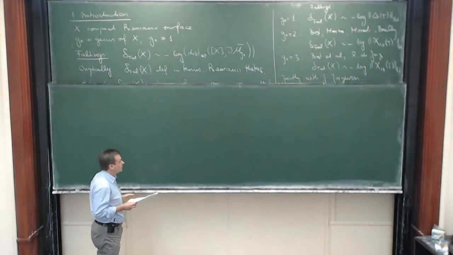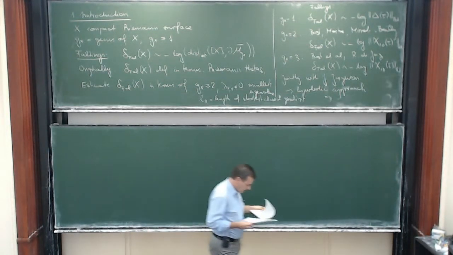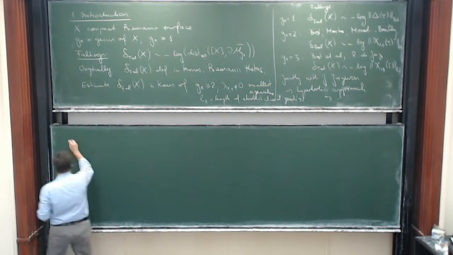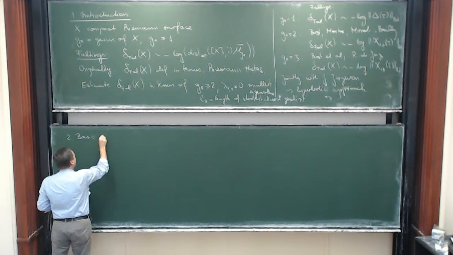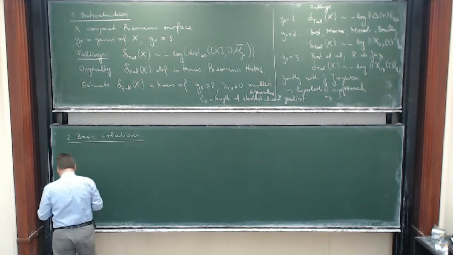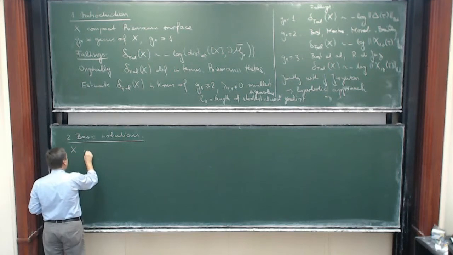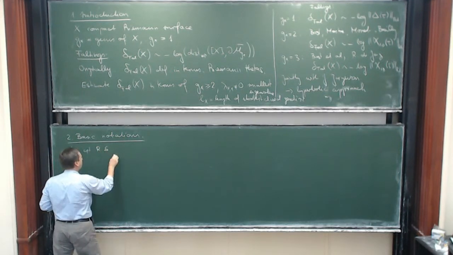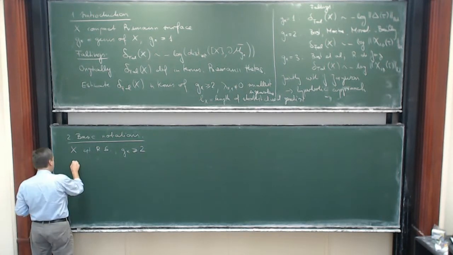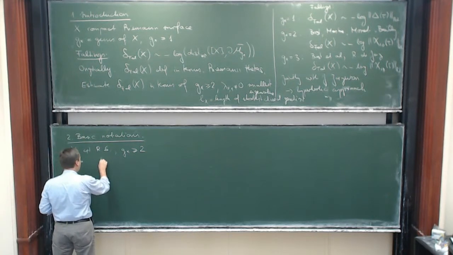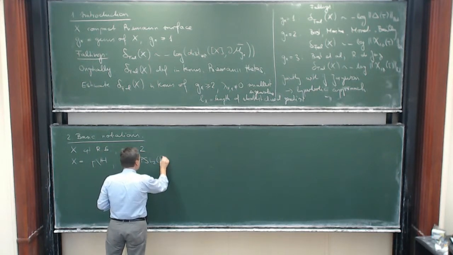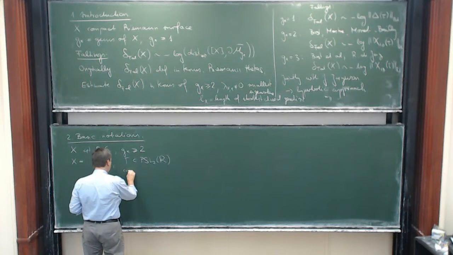Okay, so let me now be precise, so I come to the basic notations. Now X as above, a compact Riemann surface of genus now bigger or equal to 2, and then I uniformize X by the upper half plane, H mod Γ, with Γ in PSL2(R), a Fuchsian subgroup, co-compact and torsion free.